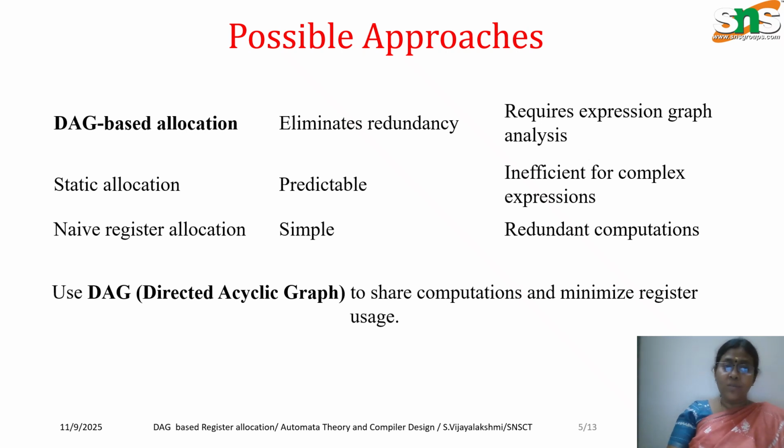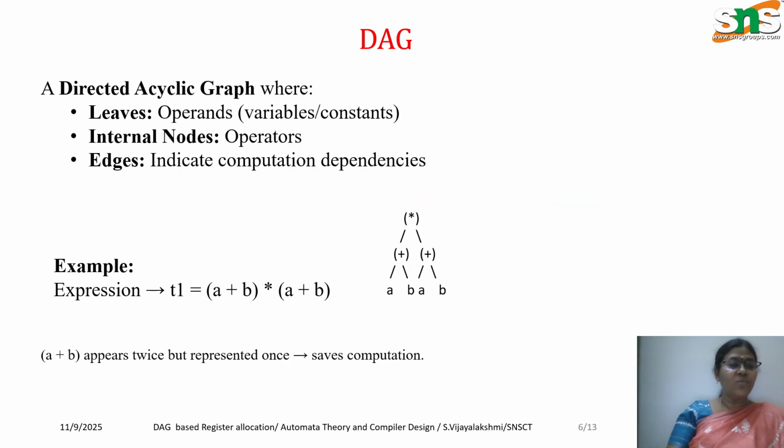Then tag-based allocation is the best approach. It removes the redundancy but requires analysis of the expression graph. So we choose tag-based allocation because it helps us share computations and minimize the register usage.